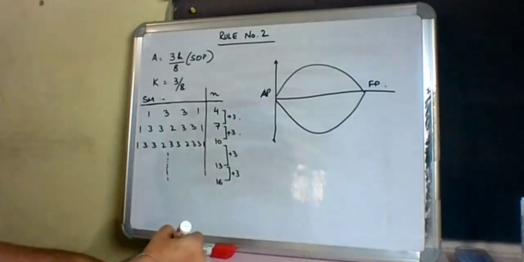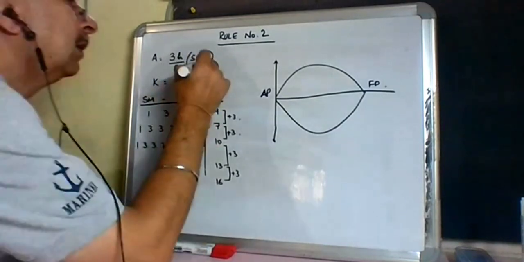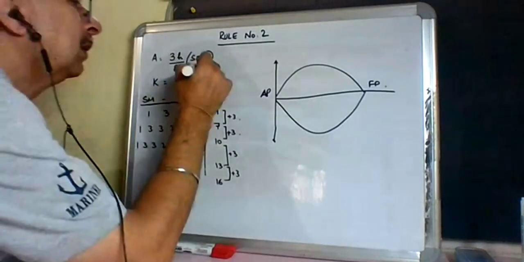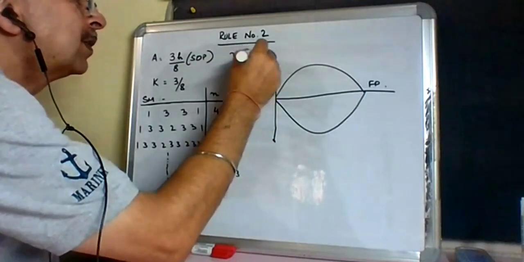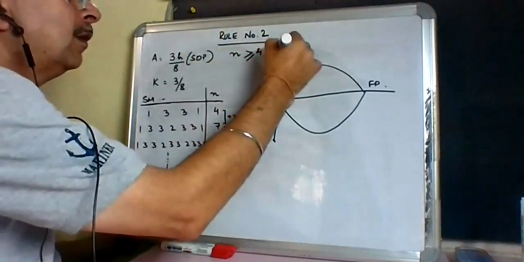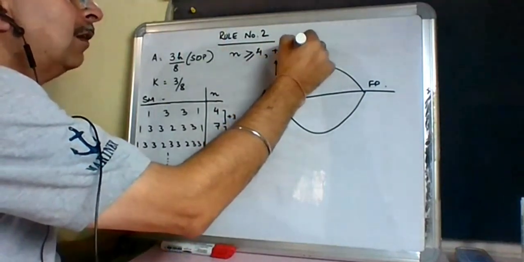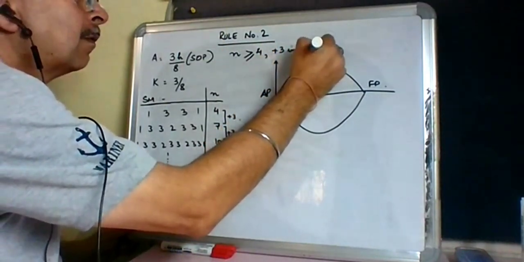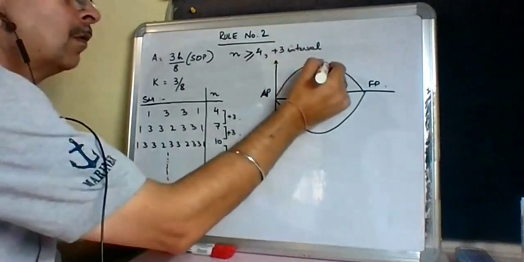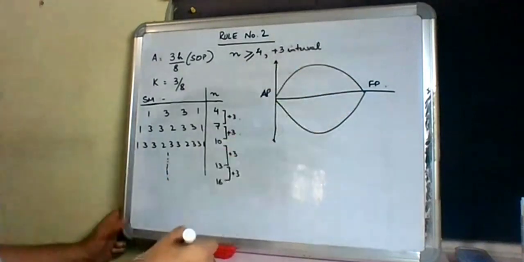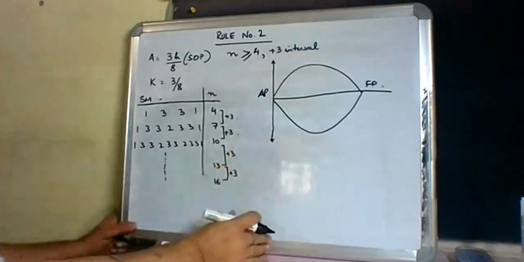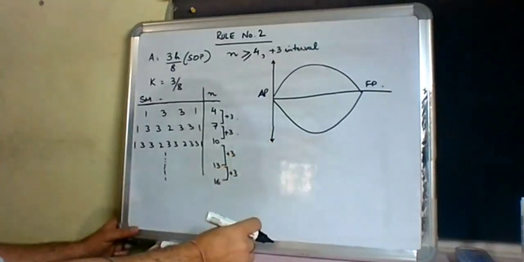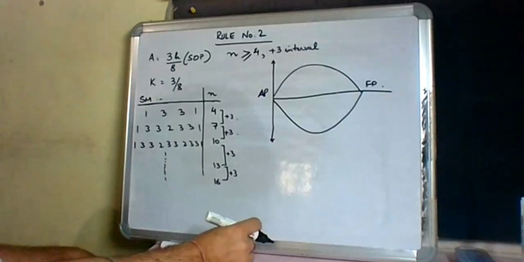That means for rule number 2 to apply, n has to be greater than or equal to 4, starting at 4, then at plus 3 interval.